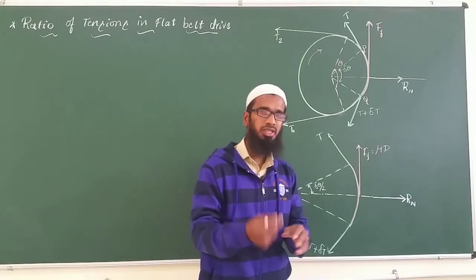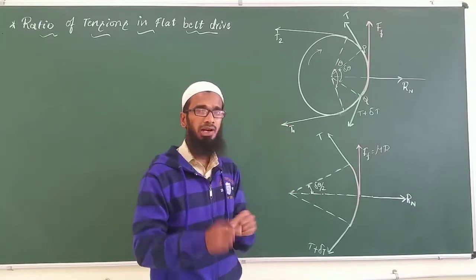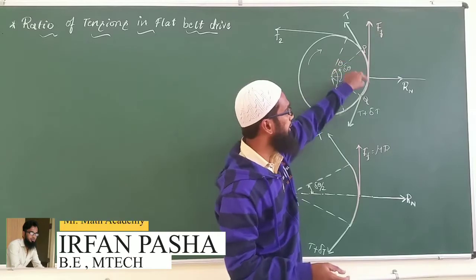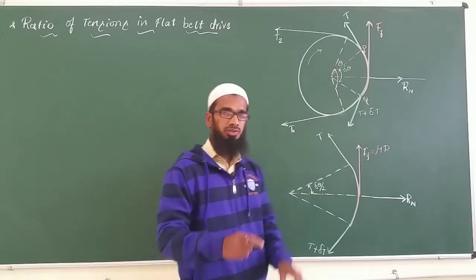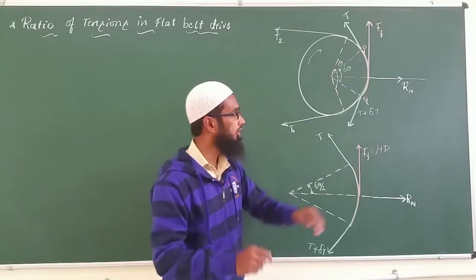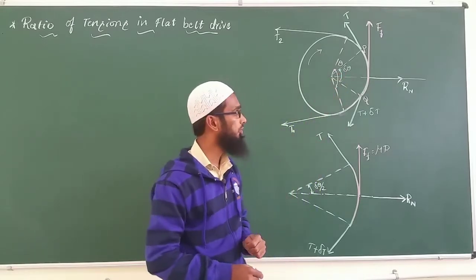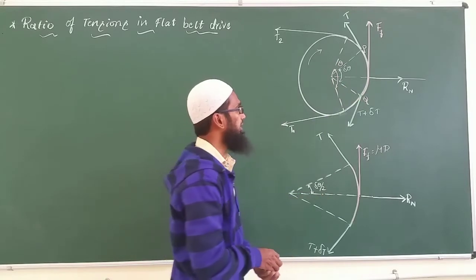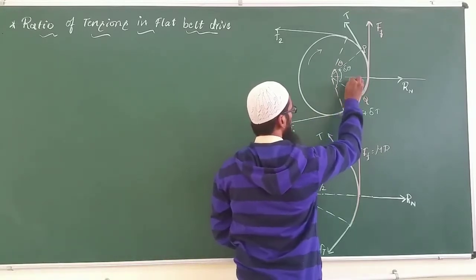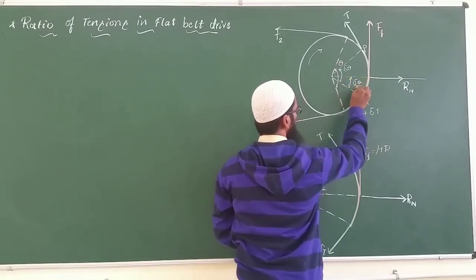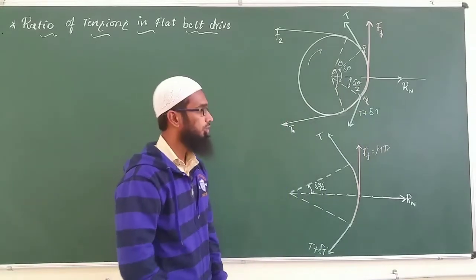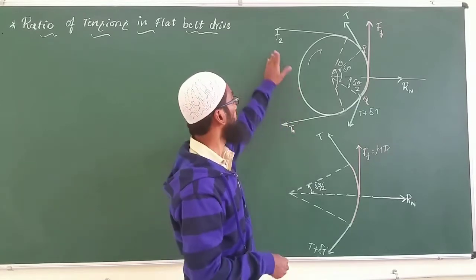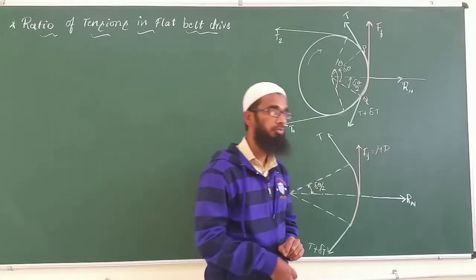To derive the relation between T1 and T2, I will consider a small portion of the belt in contact from P to Q. This P to Q makes an angle dou theta, and if I take this as dou theta entirely, then this angle becomes dou theta by 2. T1 will be the tight side tension, and T2 will be the slack side tension.